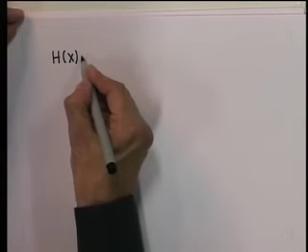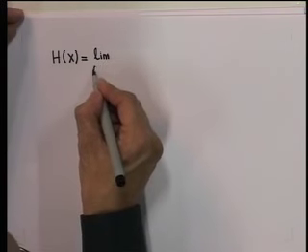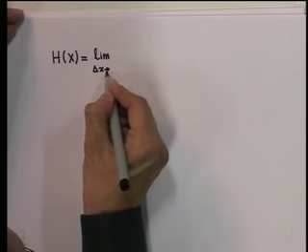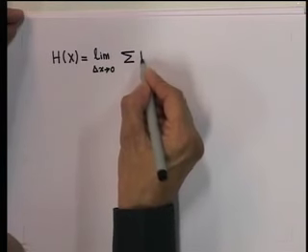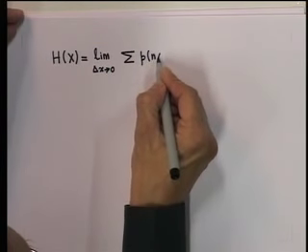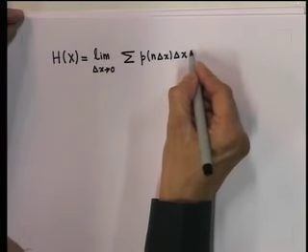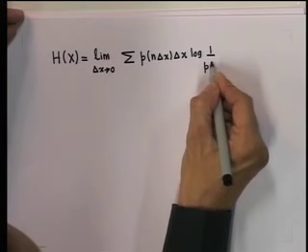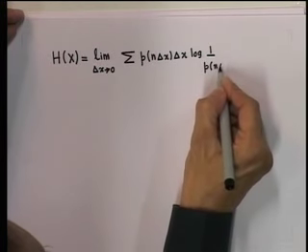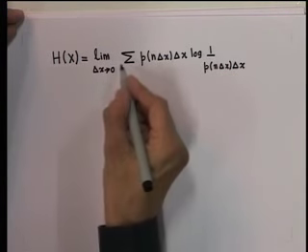h(x) is equal to the limit of delta x tending to 0 of the summation of p(n delta x) log of 1 by p(n delta x) multiplied by delta x.